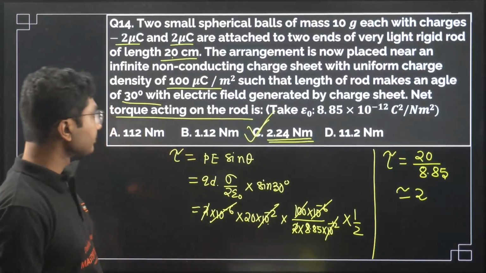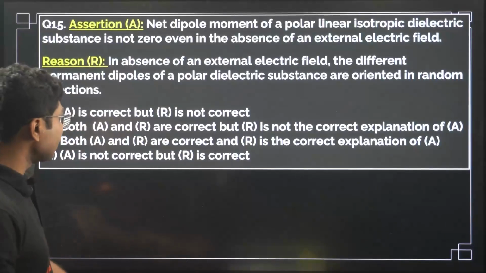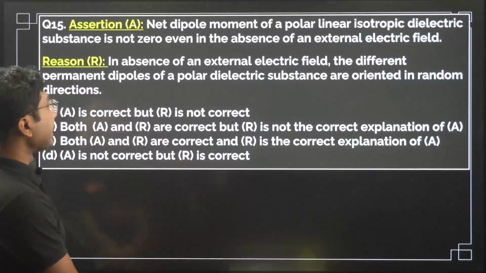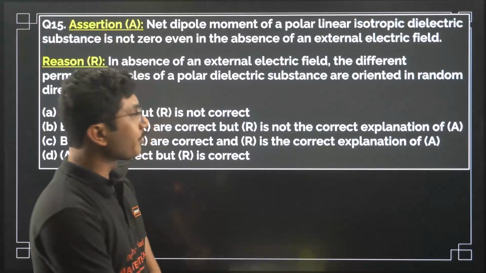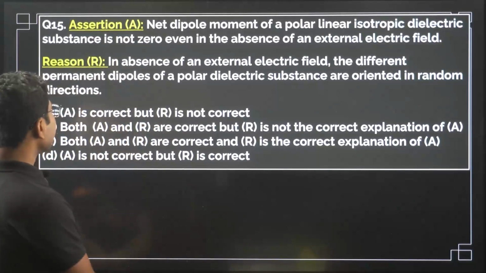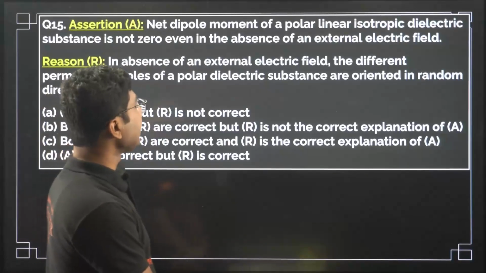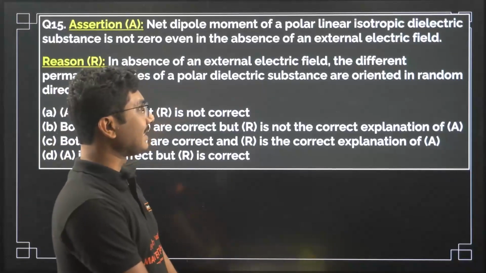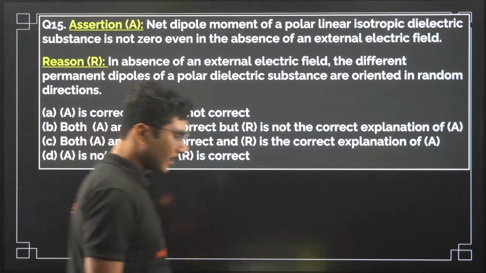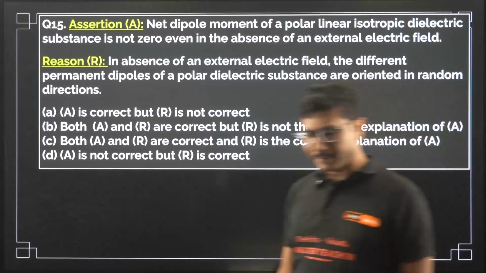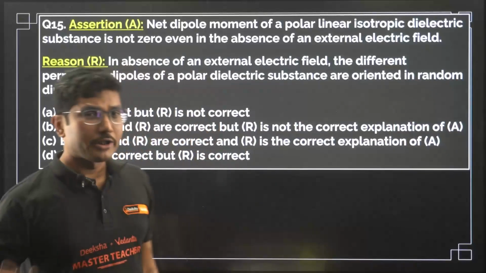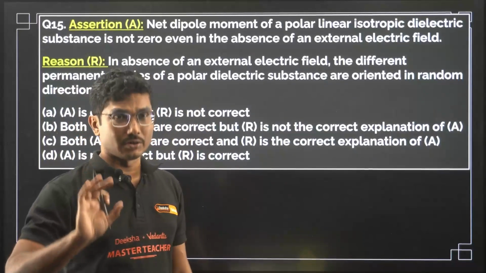Okay. Now next question, another assertion and reason based question. A net dipole moment of a polar linear isotropic dielectric substance is not zero even in the absence of an external electric field. Now here this dipole topic we will study again in detail in our next chapter, but as we know, the molecular dipole moment is not zero.